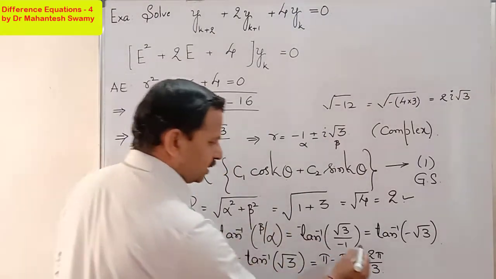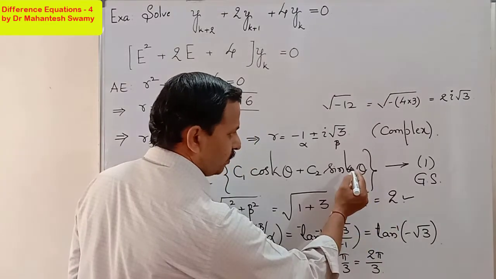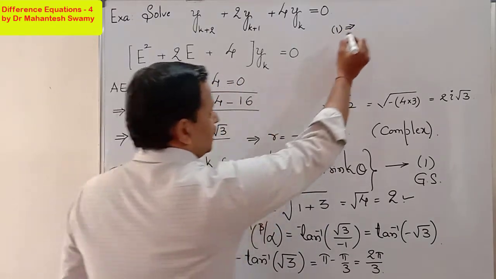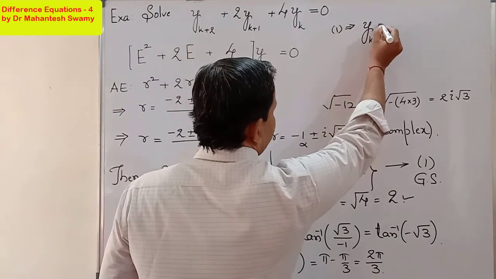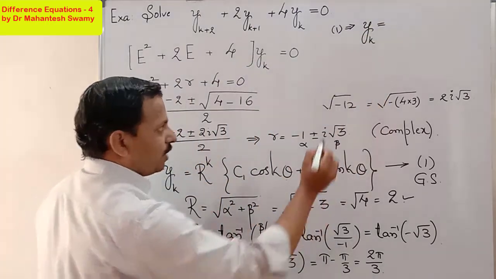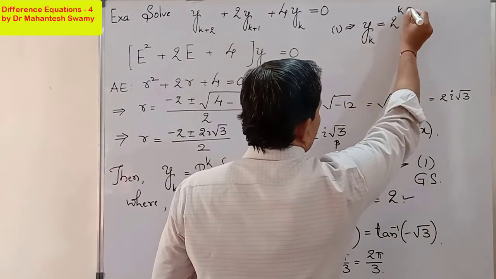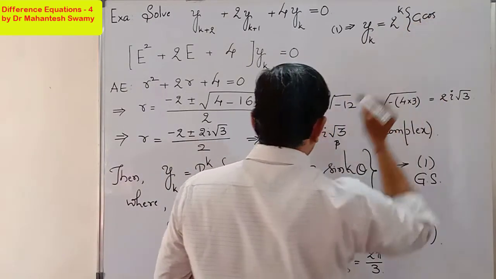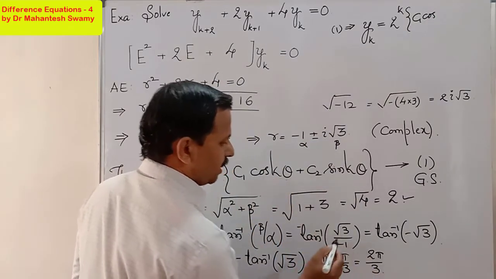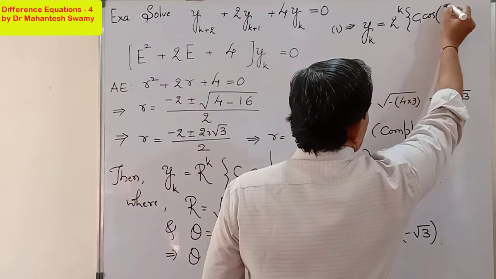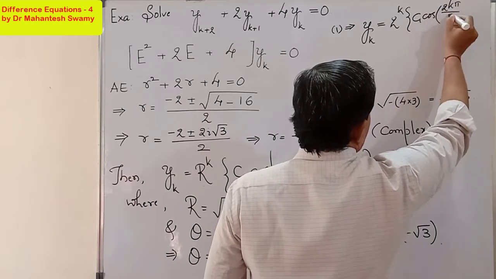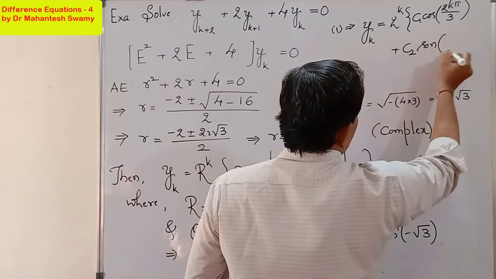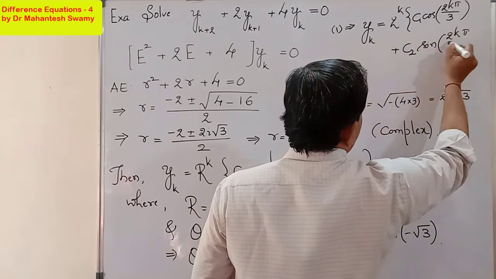Substituting this value of theta, that is 2 pi by 3, and the value of r here in equation number 1, equation number 1 implies y_k, that is the required solution, y_k equals 2 to the power k into the bracket c1 into cos of k into 2 pi by 3, that is 2k pi by 3, plus c2 into sine of 2k pi by 3 in the same way.